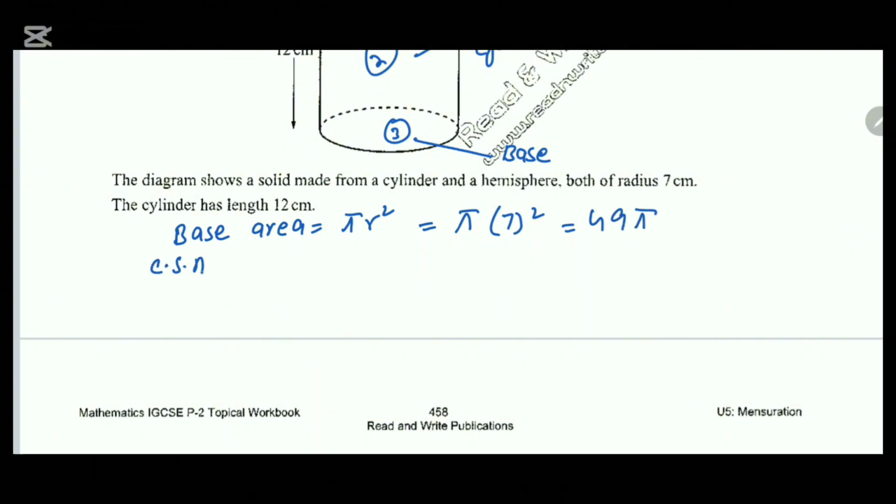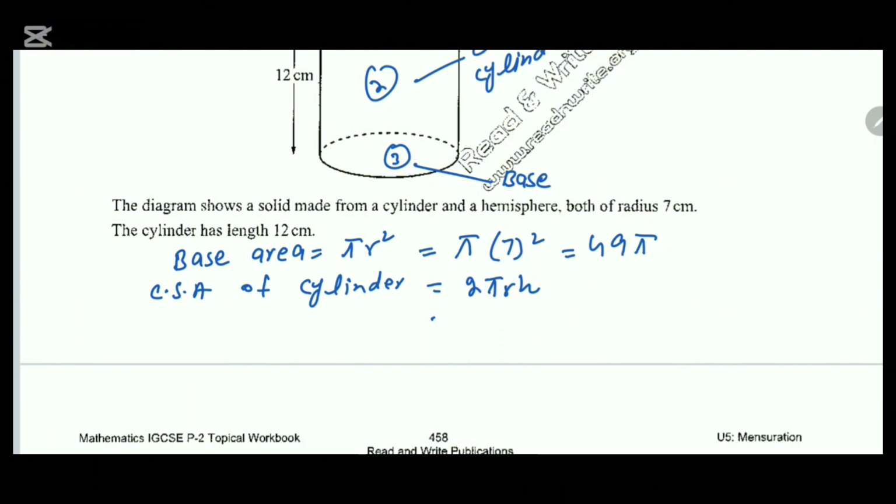Curved surface area of cylinder is equal to 2 pi r h. 2 pi, r is 7, height is 12.